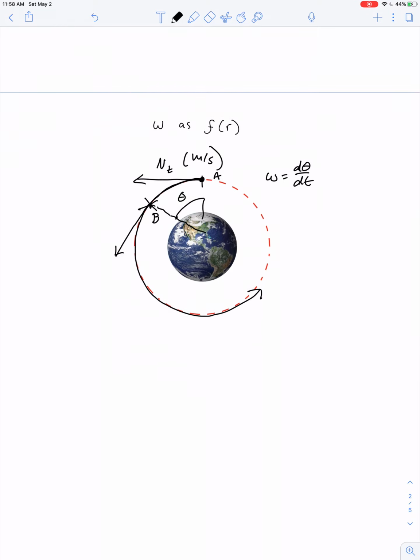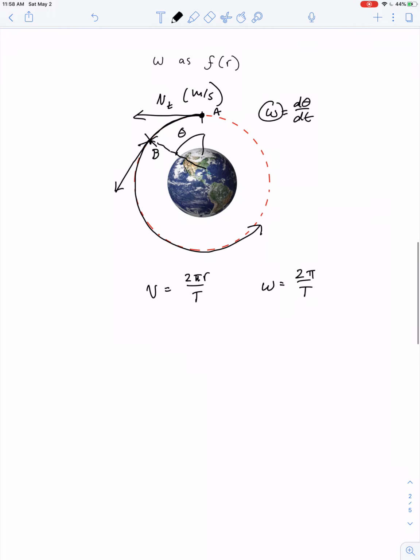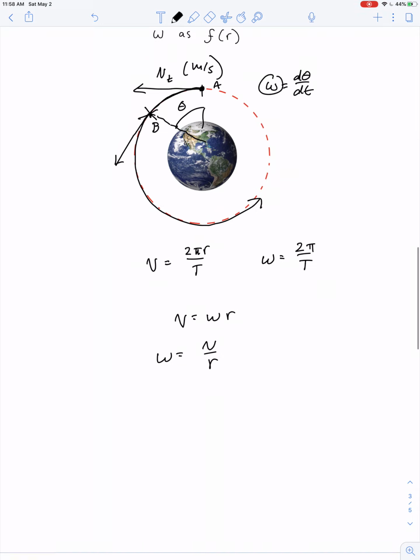The relationship between angular speed and linear speed: v is 2 pi r over T. Omega is 2 pi over T. So simply put, v is just equal to omega times r. So omega is equal to v over r.